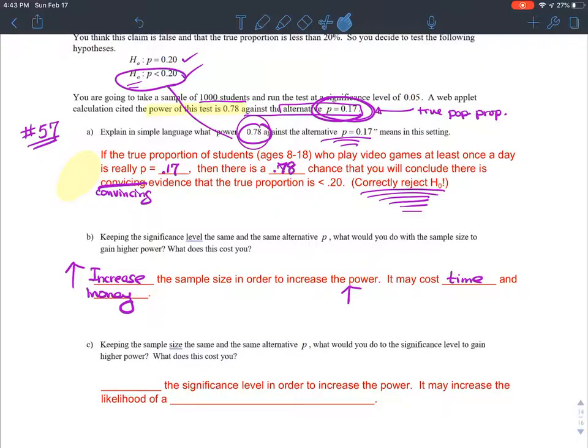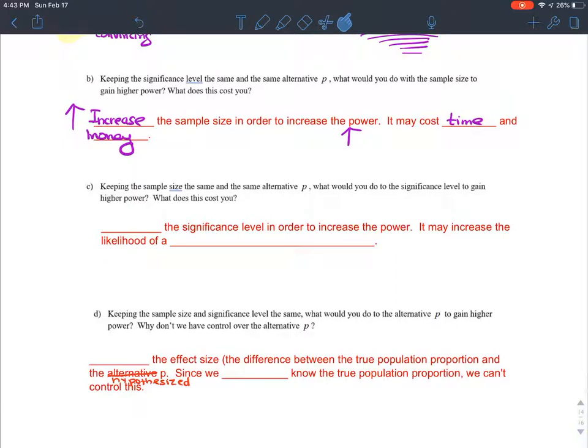Okay? If you're going to keep the sample size the same and you're going to keep the same alternative p, what would you need to do to the significance level if you wanted to gain higher power, and what does this cost you? Okay? Again, if you increase the alpha level, the significance level, that will also increase the power, but it could increase the likelihood of making a type 1 error.